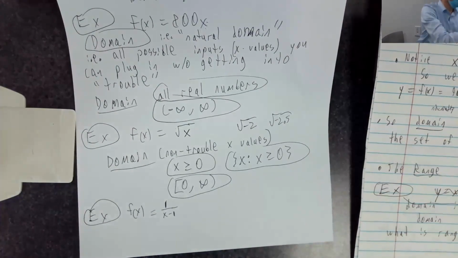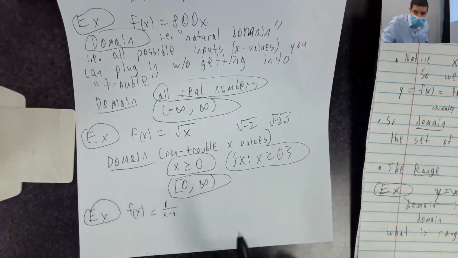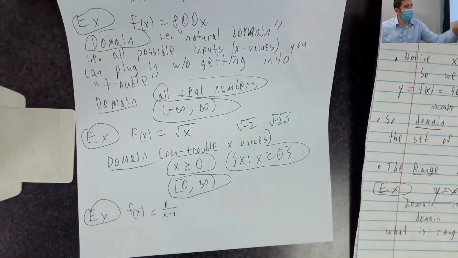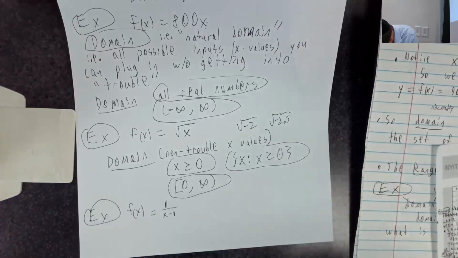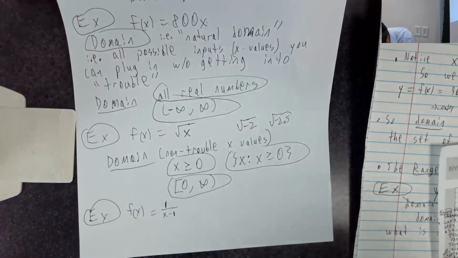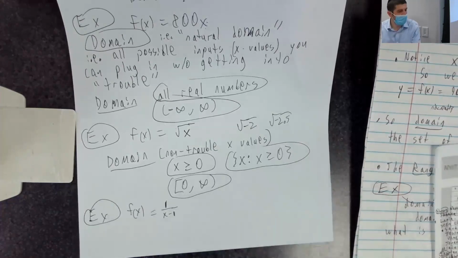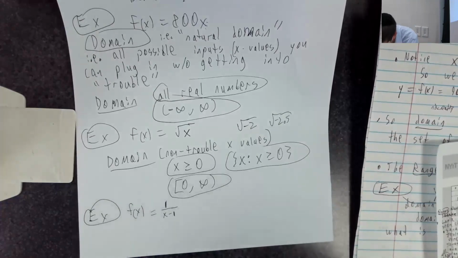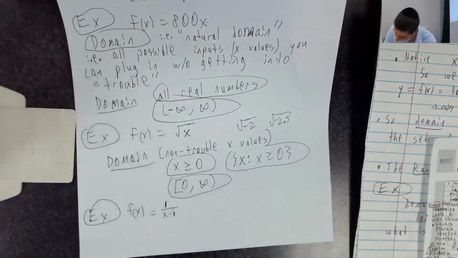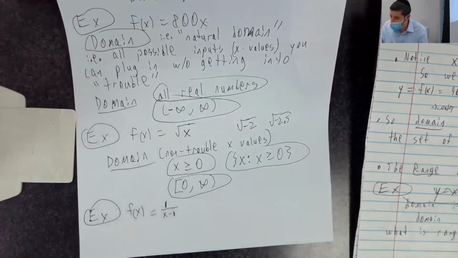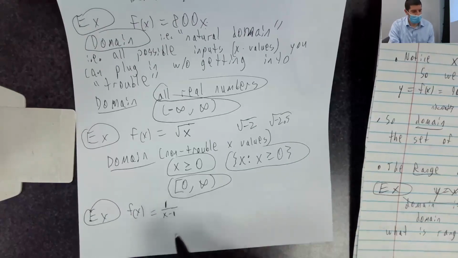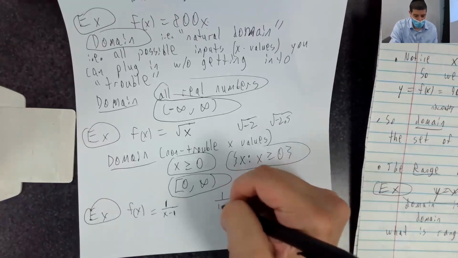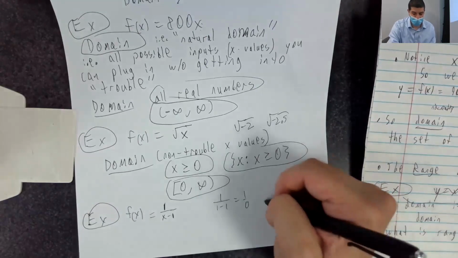It's undefined, right? Like Sapphire is saying, if you plug in 1, then 1 minus 1 is 0, and 1 over 0 is undefined.